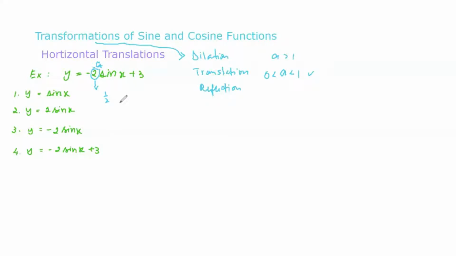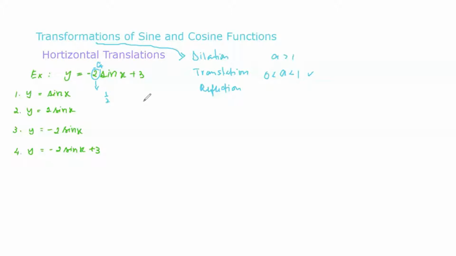This one we call vertical shrinking, or like we learned last year, compress. The graph is compressed vertically from the previous graph. This is what we learned last year, right?